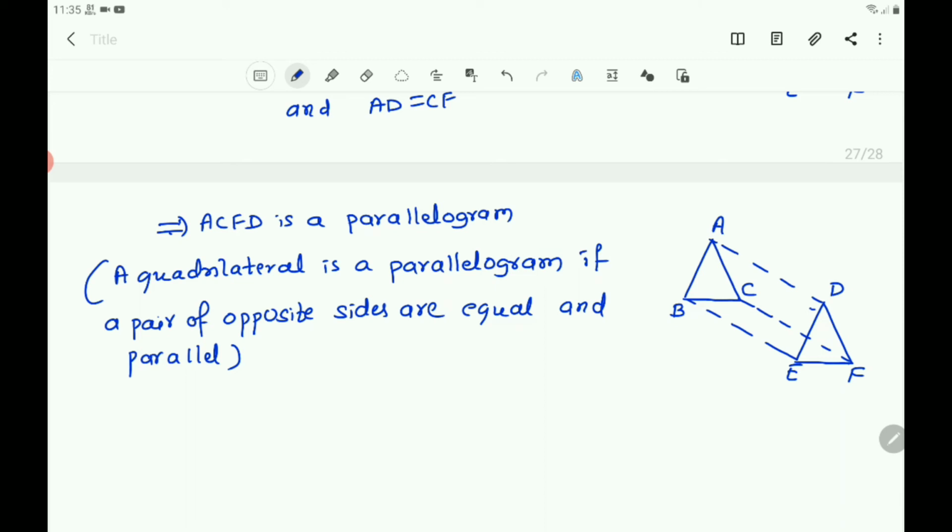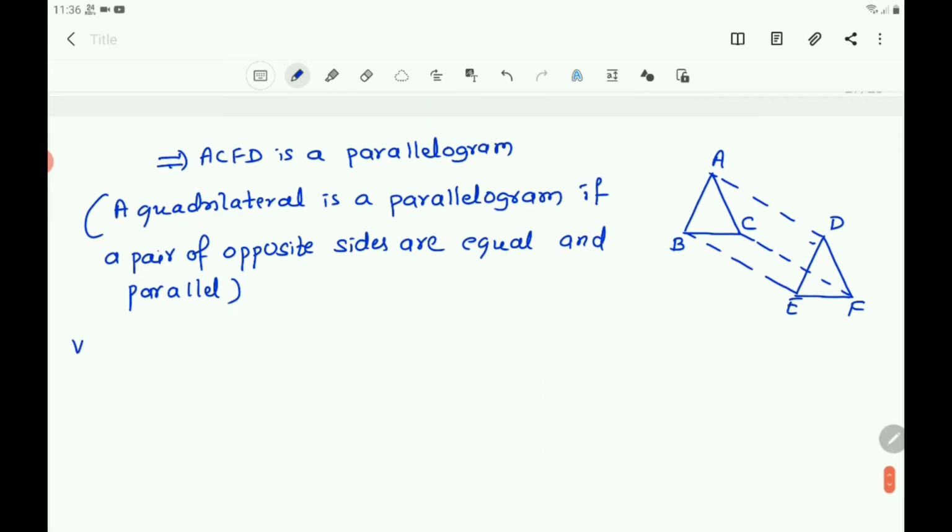So you got that ACFD is a parallelogram. And AC and DF are the opposite sides of the parallelogram ACFD. So they must be equal.